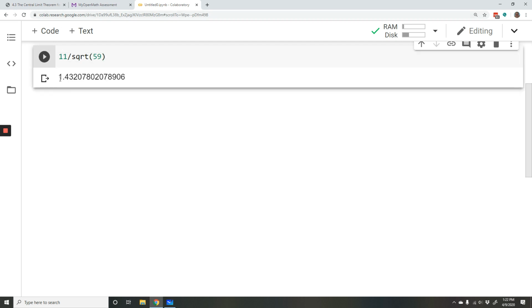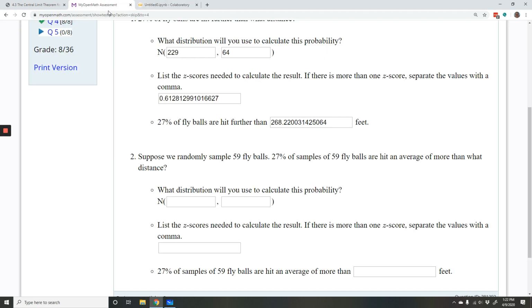And we get 1.432 about. So that's going to be the standard deviation of sample means. So let's copy that. So that's our standard deviation, 1.43. And then the mean is still 229. The mean doesn't change when we're looking at samples, the collection of sample means instead of just the individual fly balls.